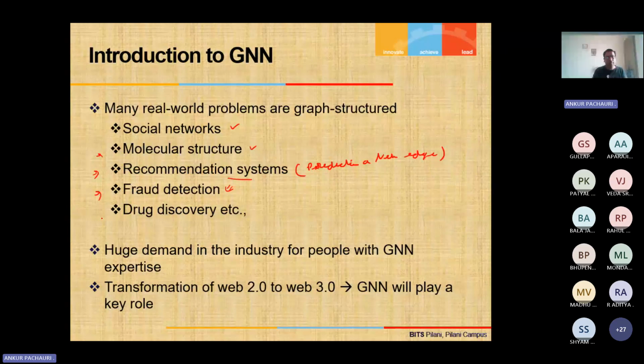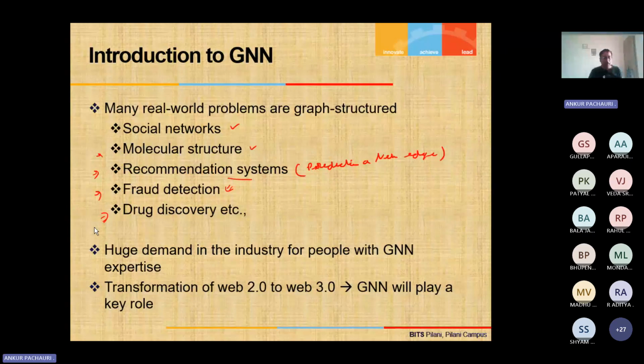And drug discovery. Nowadays, GNN or graph structure has been widely used for drug discovery and cancer predictions. Okay, so drug discovery or disease prediction.